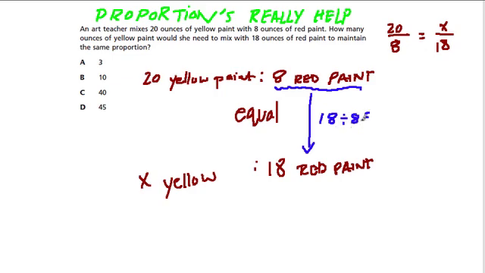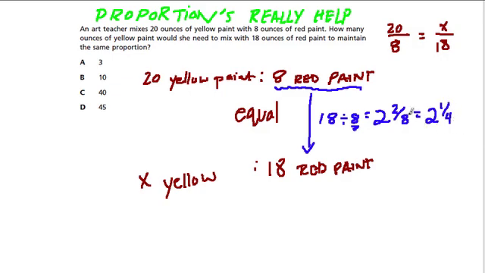Again, this is asking, how many times does 8 go into the number 18? Well, 8 times 2 is 16, and then there's 2 left over. So 8 times 2 is 16 with a remainder of 2 out of 8. And 2 out of 8 is just 1/4.